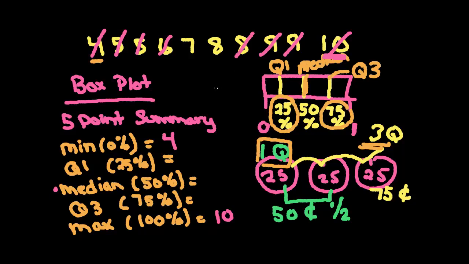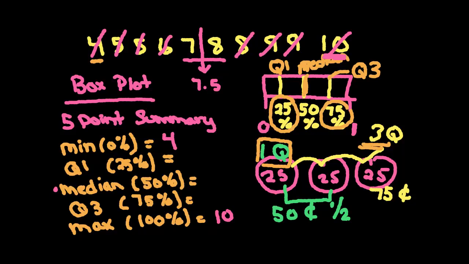In this case, because we have an even set, our middle is two numbers. So to find the exact middle, we want right between 7 and 8. On a number line, that is the value 7.5, exactly halfway between 7 and 8.